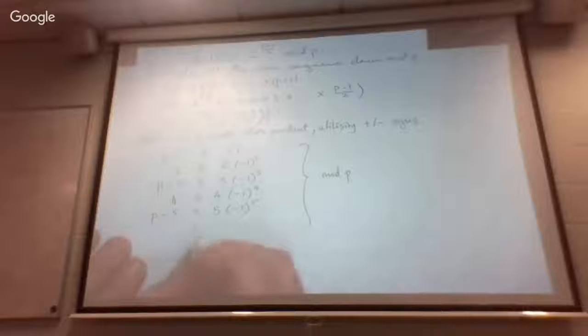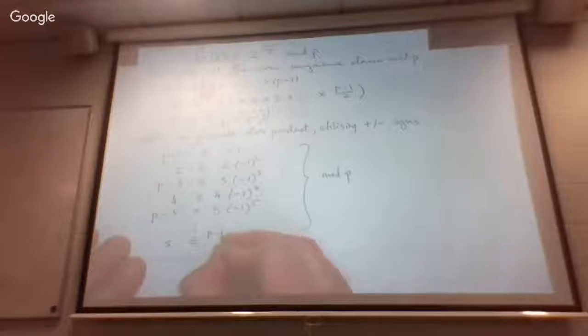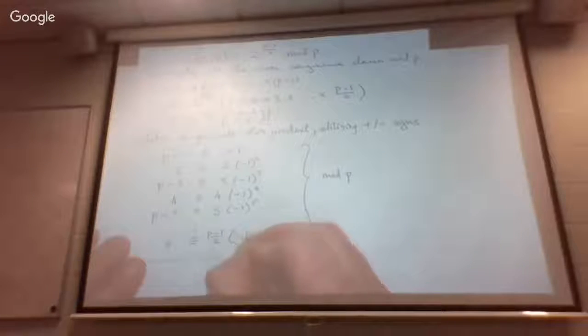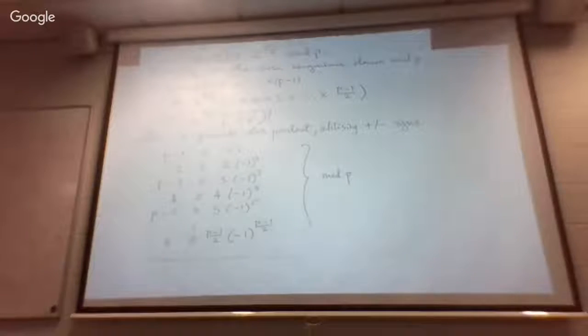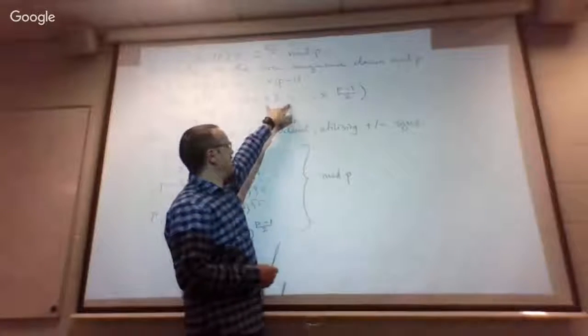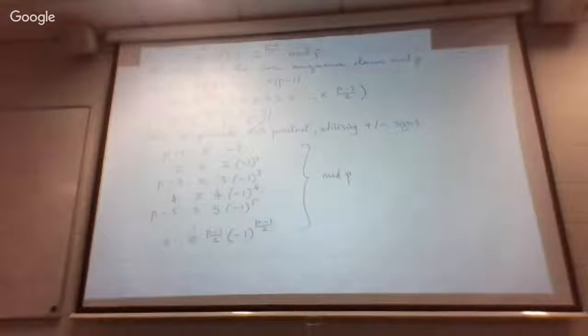The last one will be some congruence class s, which is congruent to, well, it might be plus (p-1)/2 or minus (p-1)/2. I'm not quite sure. It depends on the status of p mod 4, whether the half of p minus 1 is going to be an even or an odd number.